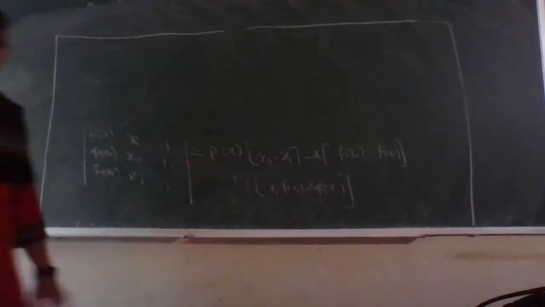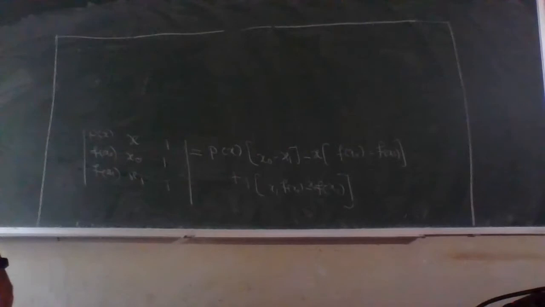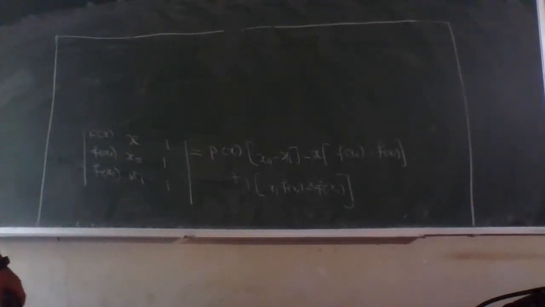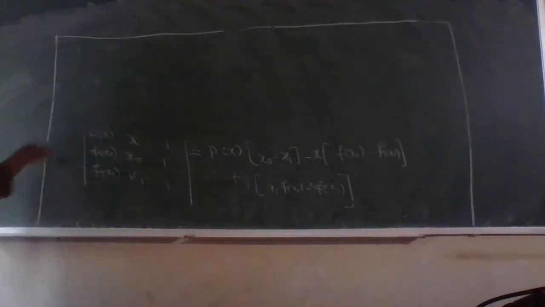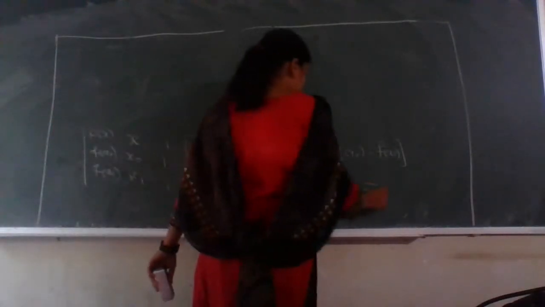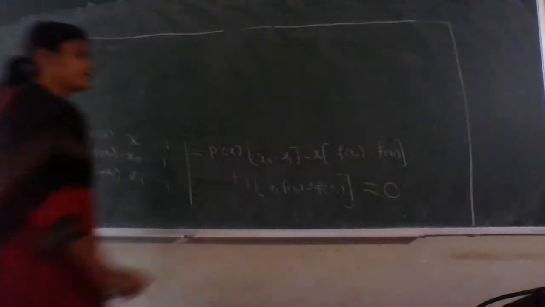So we have just solved the determinant. Okay, so now we will take the terms of f of x naught common so that we can find out the answer. What is the value of this whole determinant? This is equal to 0, so that we can find out the values of a0 and a1.